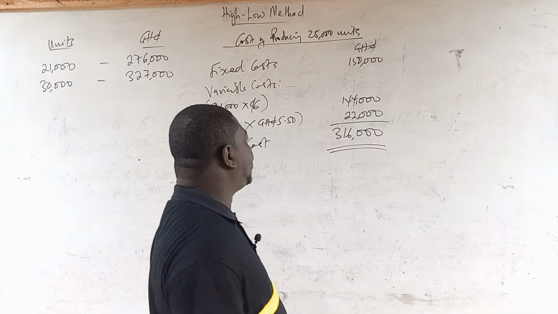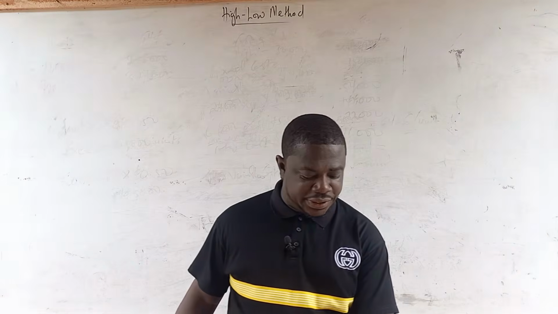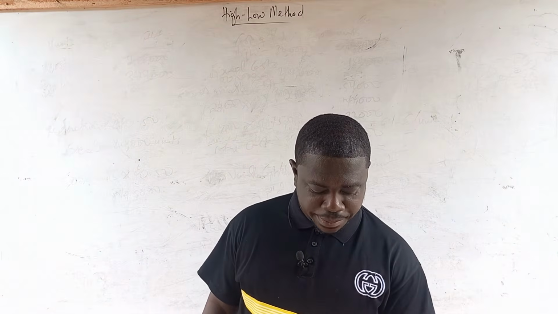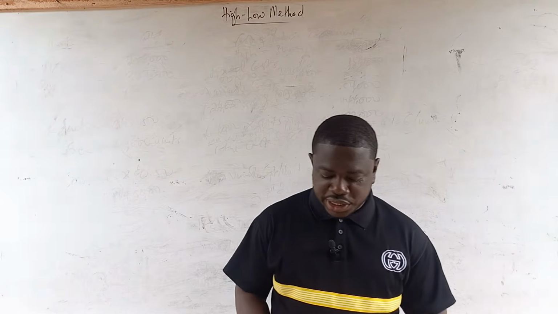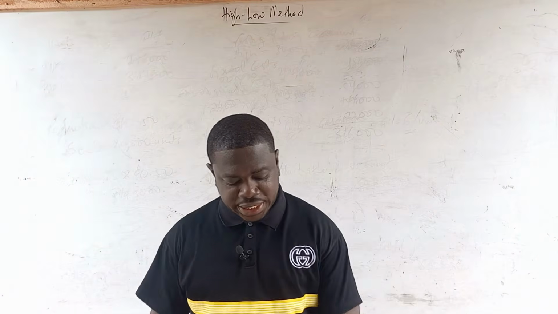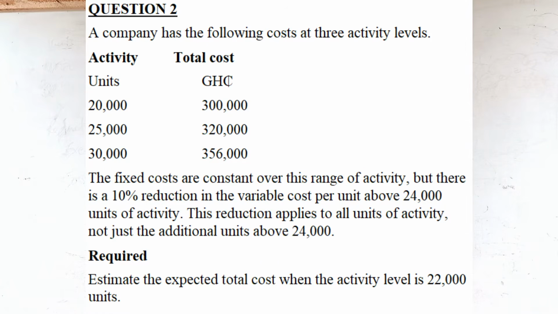Let me clean the board first. All right, so these are 3 different activity levels: 20,000, 25,000, and 30,000. The good news is that in questions like this, they will not leave you in the dark. We are told that there is a 10% reduction in variable cost per unit above 24,000, and in the list of units here, we have 2 of them above 24,000.